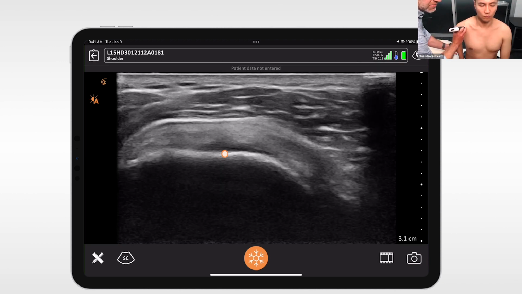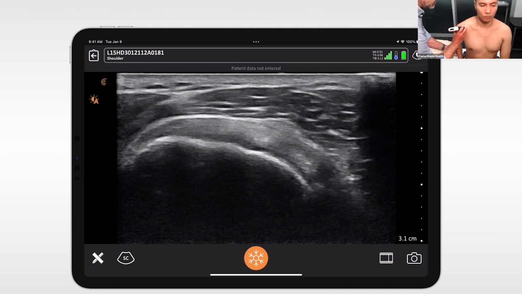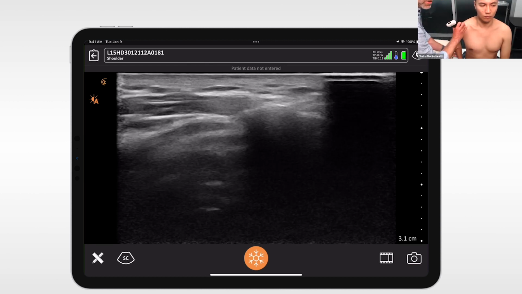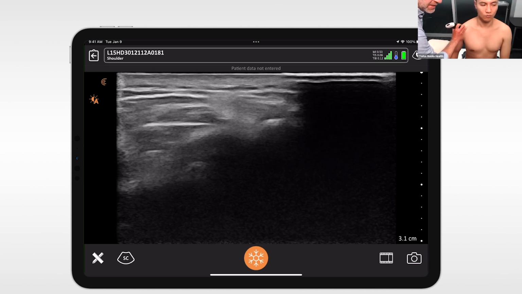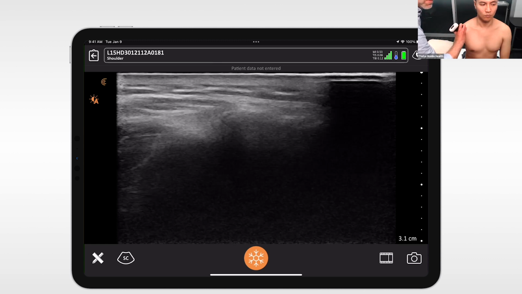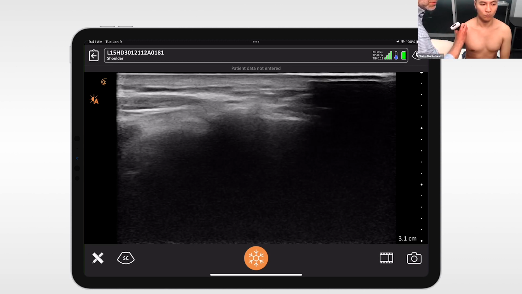And the insertion. And then to do the dynamic assessment, you're coming up to that acromion here, right? Let me see with the tendon. Let's get the tendon back in view. There we go. And maybe a little over.